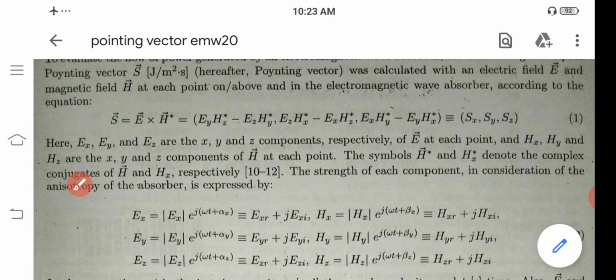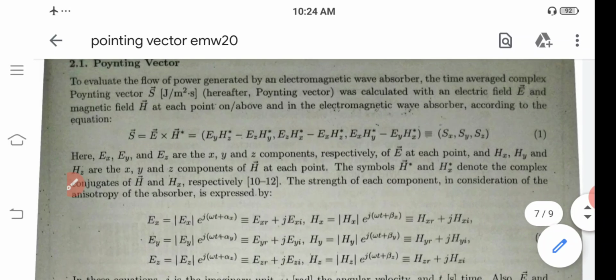Here Ex, Ey and Ez are the x, y and z components respectively of E at each point, and Hx, Hy and Hz are the x, y, z components of H at each point. The symbols H star and Hx star denote the complex conjugates of H and Hx respectively.